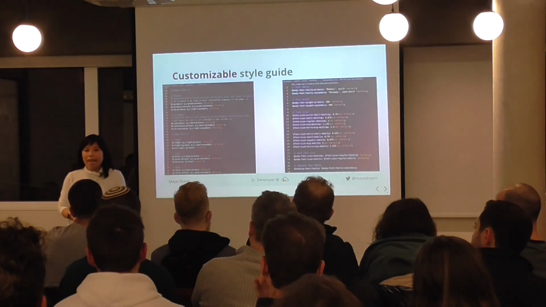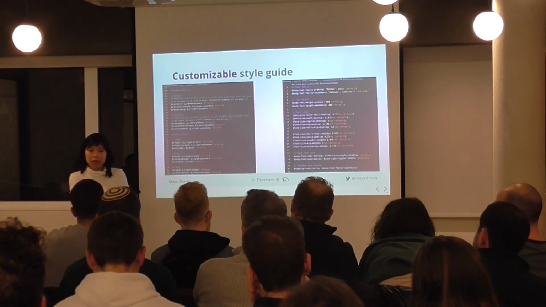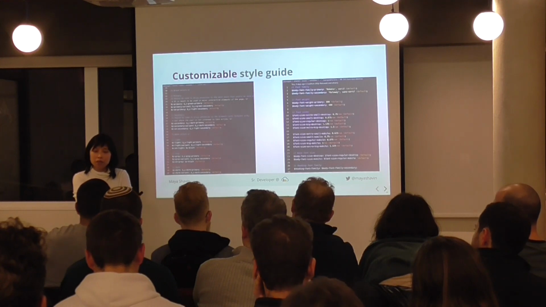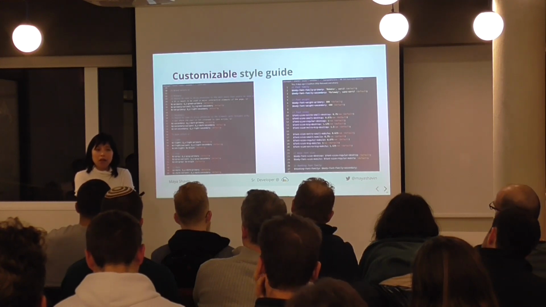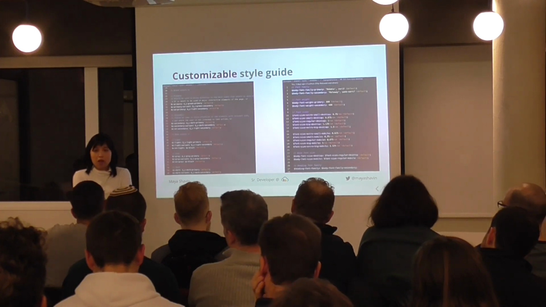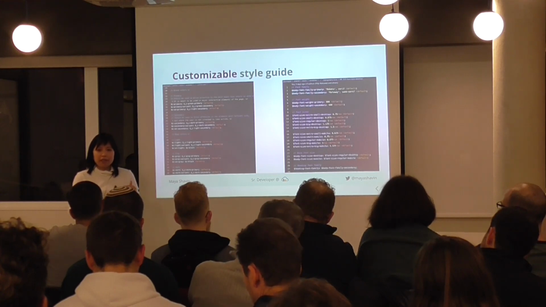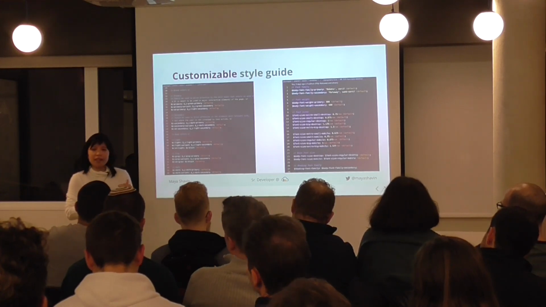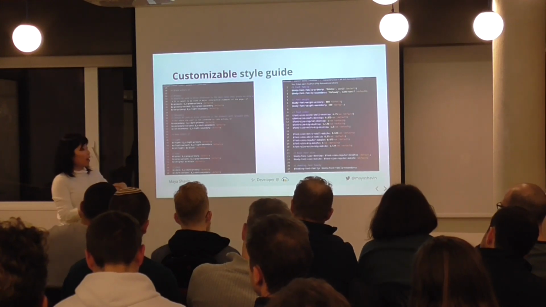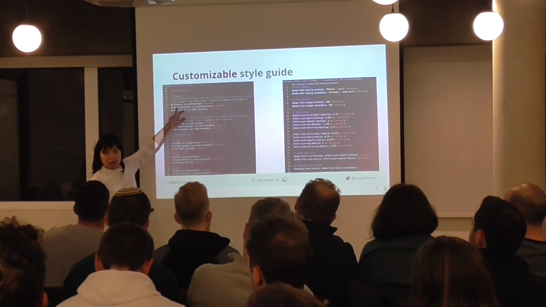Question? Yes. If I would like to override this color in a Vue component, would I need to import something from the library? No. When you use the component, you import the component, and then in the style tag you just define it using SCSS and set again what you want.